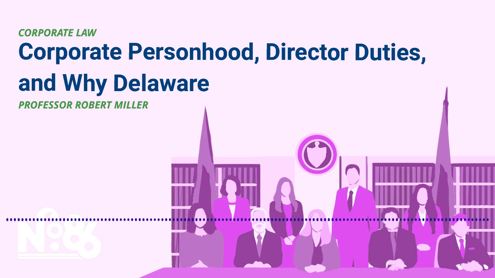There's a famous Delaware case in which a company had issued preferred stock. The preferred stock is governed by a document called the Certificate of Designation, which sets out the rights and obligations of the preferred shareholders. And there was a provision in the Certificate of Designation that provided that the company would not undertake certain actions.